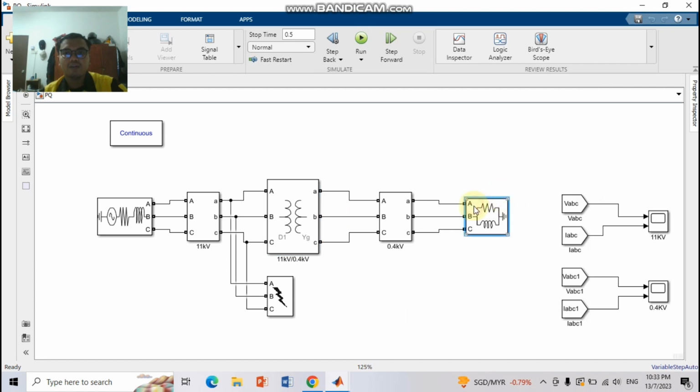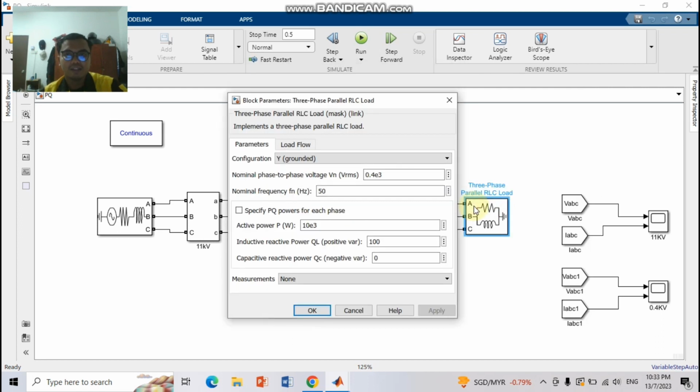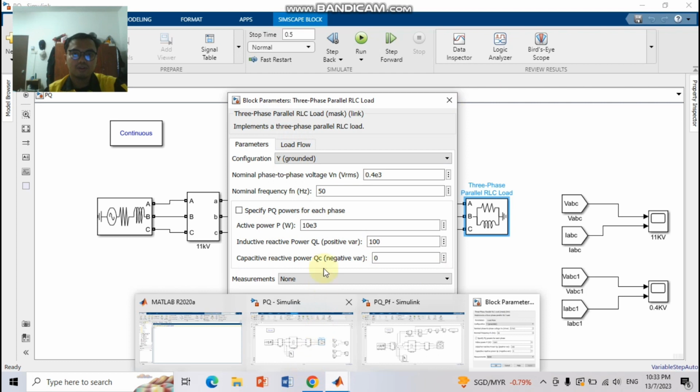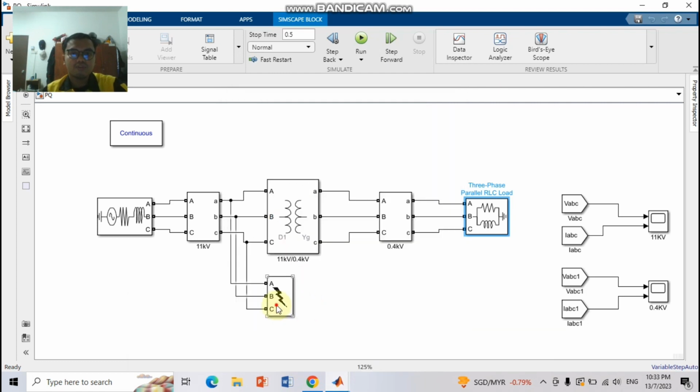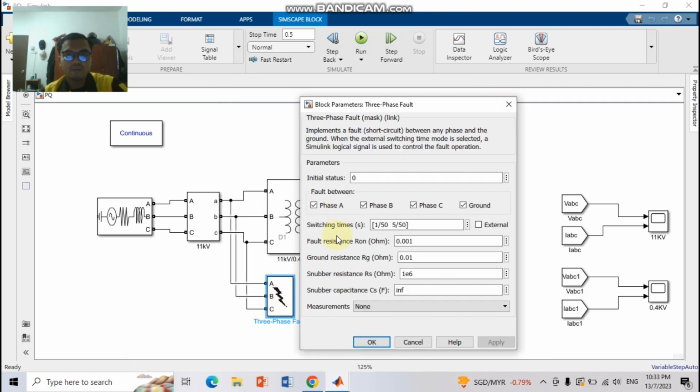And then for the RLC parallel load, we use frequency 50 Hz, and the active power is 10 kilowatt. The inductive reactive power is 100 var, and capacitive reactive power is 0. So for the 3-phase fault, we use fault resistance 0.001 and ground resistance 0.01.